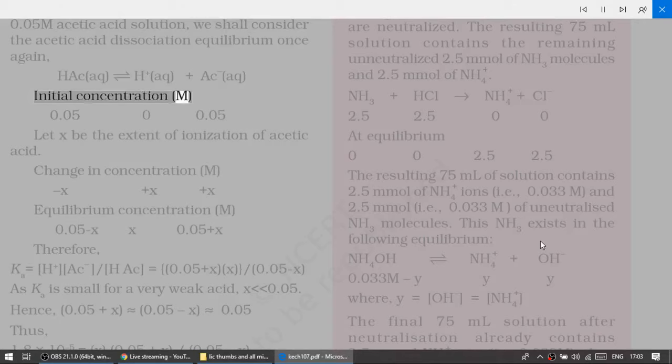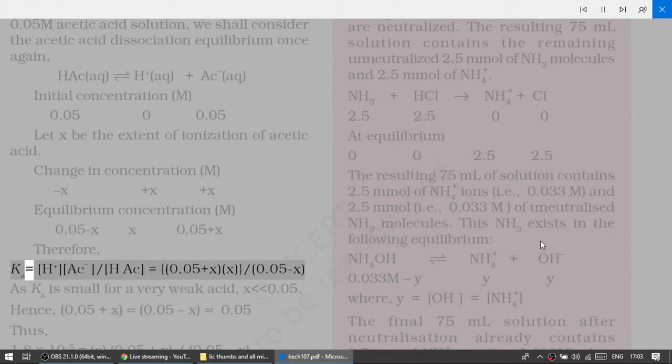Initial concentration, M: 0.05, 0, 0.05. Let x be the extent of ionization of acetic acid. Change in concentration, M: -x, +x, +x. Equilibrium concentration, M: 0.05 - x, x, 0.05 + x.